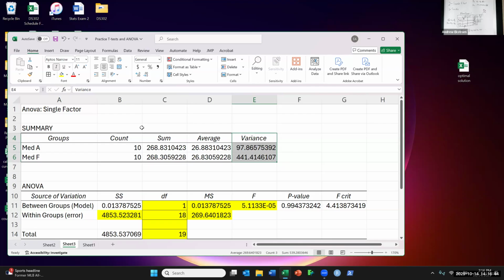I will say right now, the ANOVA problem that's going to be on the next exam and the ANOVA problem that's going to be on the final are probably about 60 or 70 points each. So I'll make sure that we go through how to do these a couple different times.